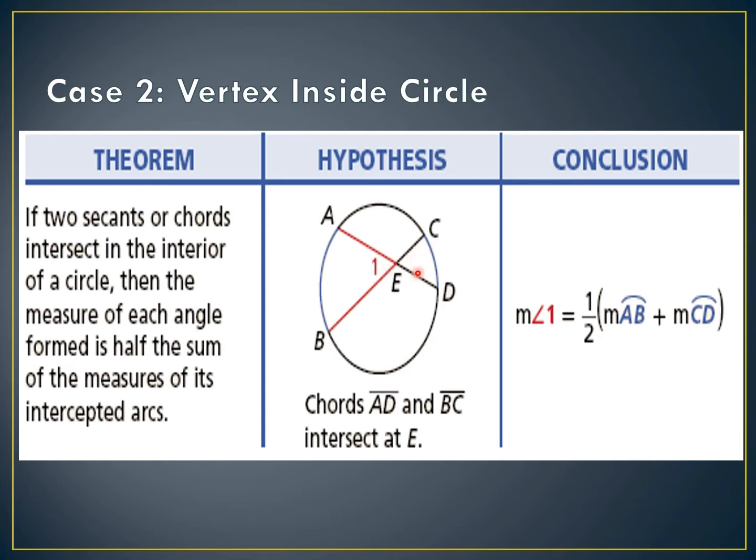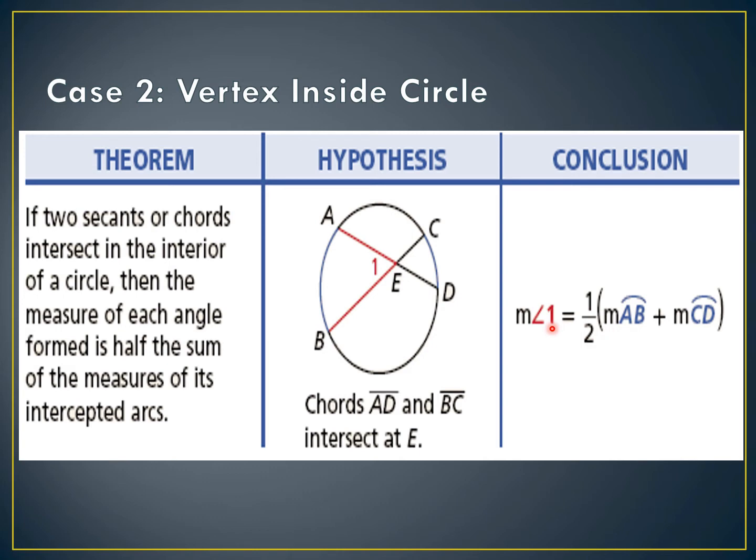Itong dalawang angle na to ay congruent dahil vertical angle sila. So, para makuha yung measurement ni angle 1, kunin daw natin yung half nung sum nung kanilang intercepted arc, which is the arc AB at saka arc CD. I-add lang yun and i-divide sa 2. So, ito yon.